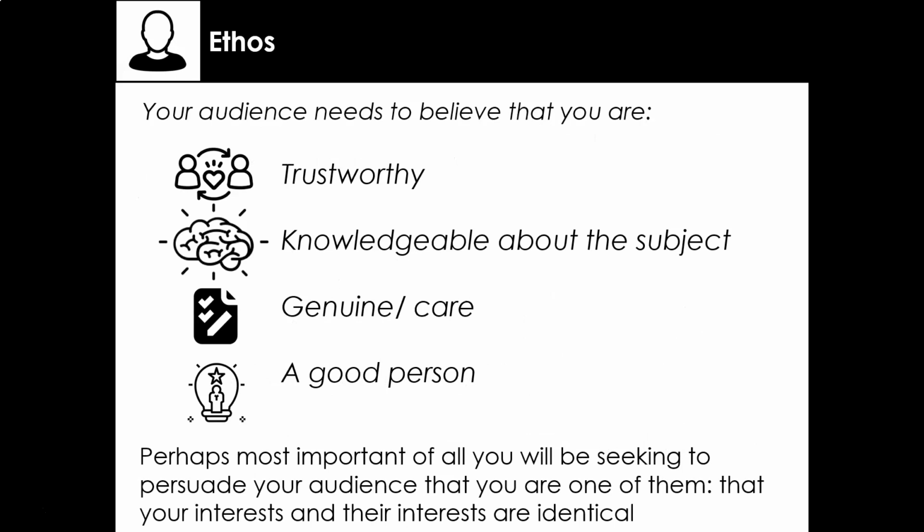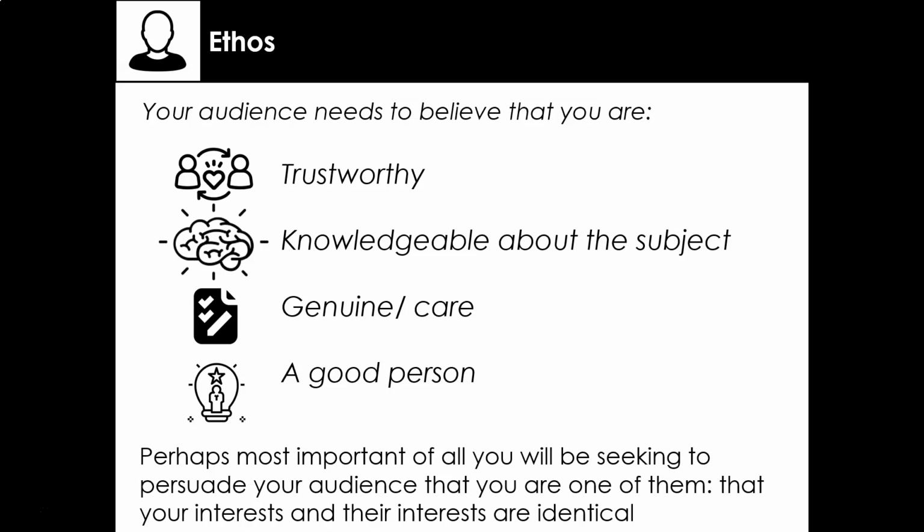So, your audience needs to believe that you are 4 things. They need to believe you are trustworthy, that you're knowledgeable about your subject, that you are genuine and you care, and that you are a good person. If we start from this point, we're likely to be more persuasive.